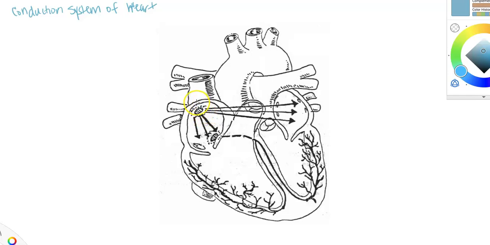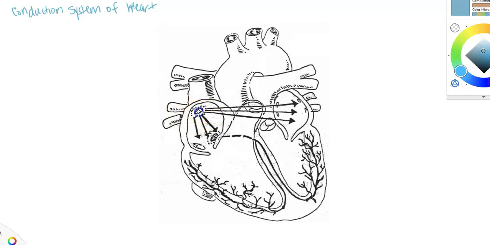So those autorhythmic cells are located in specific areas. And the main area that they will be at is in the right atrium.